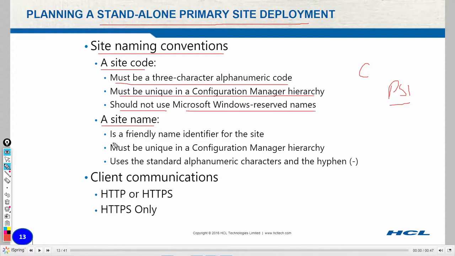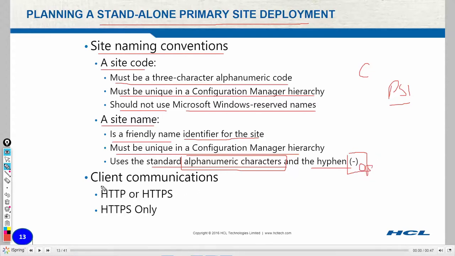A site name is a friendly name identifier for the site. It must be unique in a Configuration Manager hierarchy. It uses the standard alphanumeric characters and the hyphen. So you can make use of hyphens, or else you need to use alphanumeric characters only. This is optional, it is not compulsory.